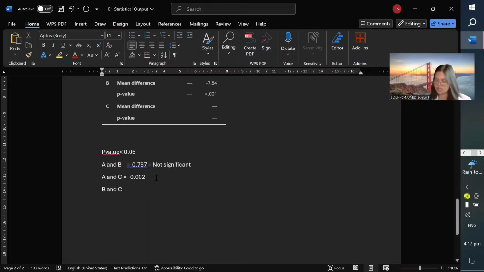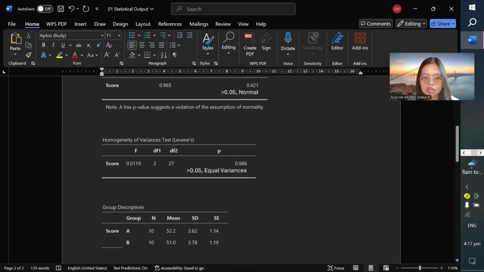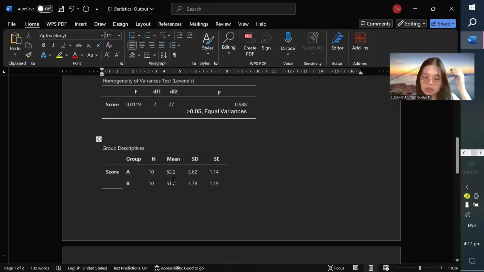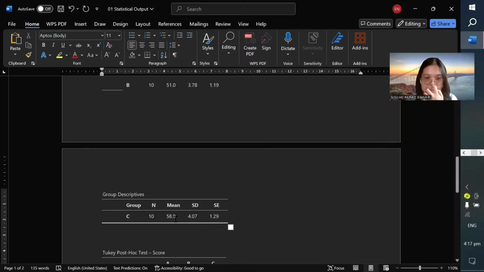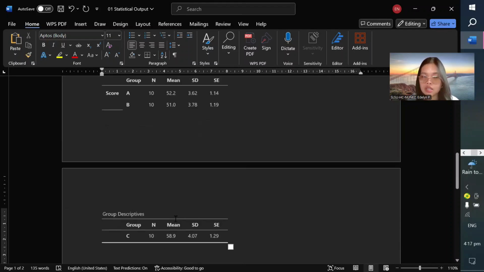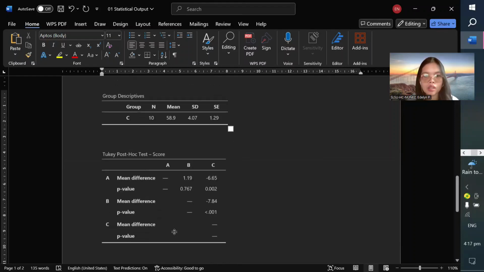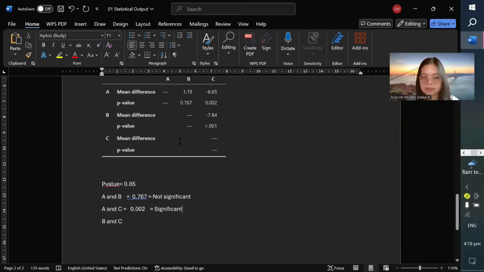Therefore, this one is significant. What does it mean? So A and C are significantly different from one another. If we try to compare the mean here, we have here the mean of A, 52.2, and then the mean of C, 58.9. So we can really see the difference, 52 and very far from 58. This is almost 59 actually.